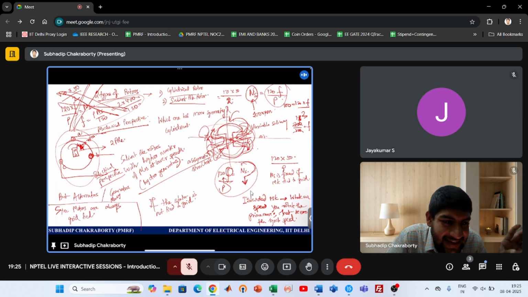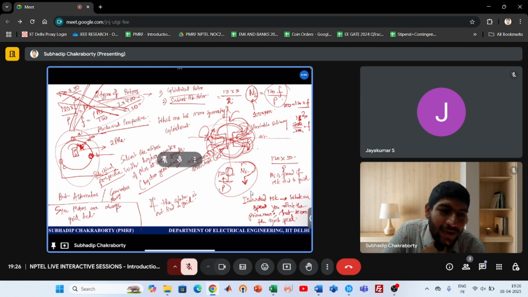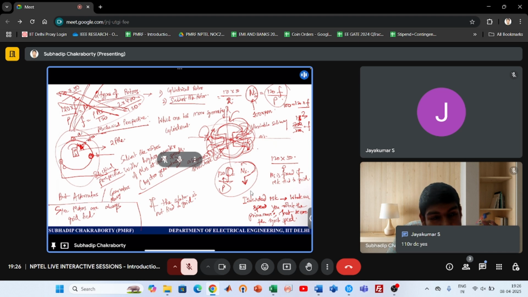But for the lights and the fans, just go and see. They are all DC, 110 volts. You saw, right? DC ports are available, right? And you must have seen all the fans, all the lights. Yes, they are all driven by batteries as the source.